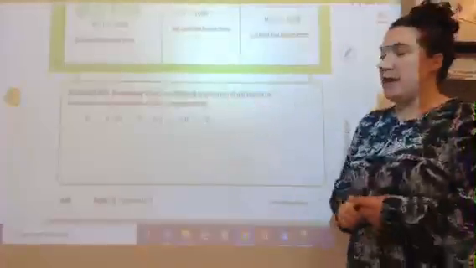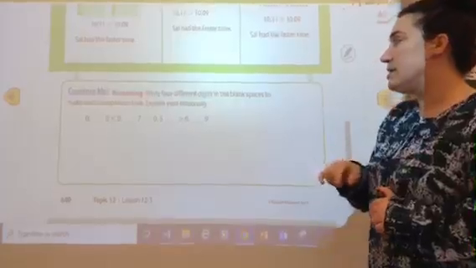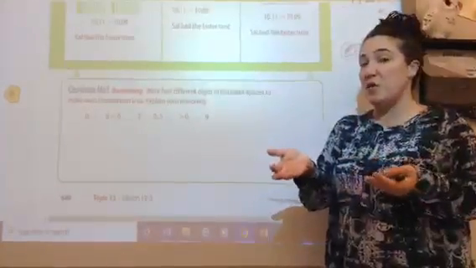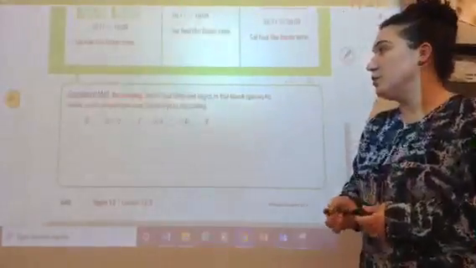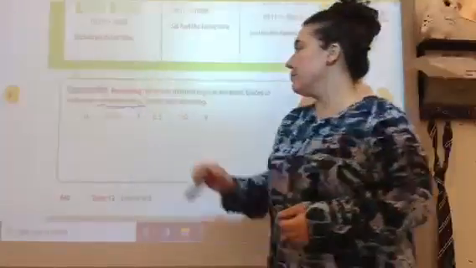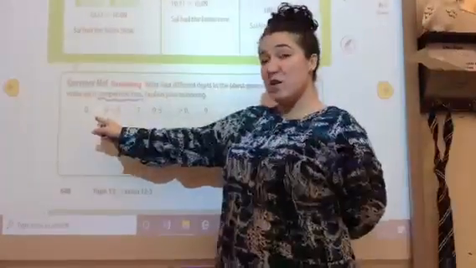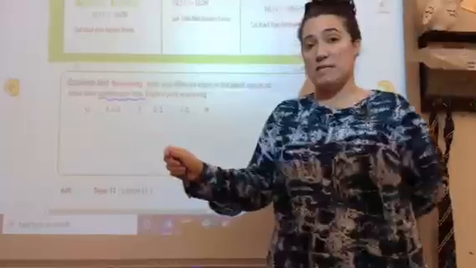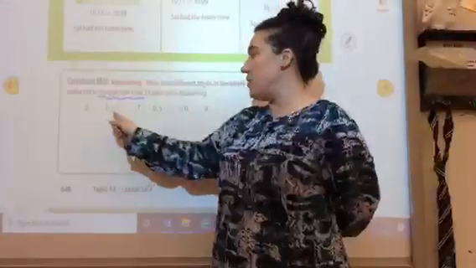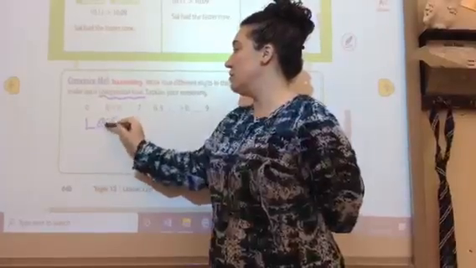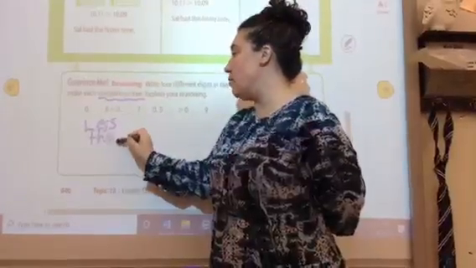It says convince me. Write 4 different digits in the blank spaces to make each comparison true. Explain your reasoning. Okay, so let's look at the first one. In the first one, the tenths are missing, and we want our first number to be less than the second number.